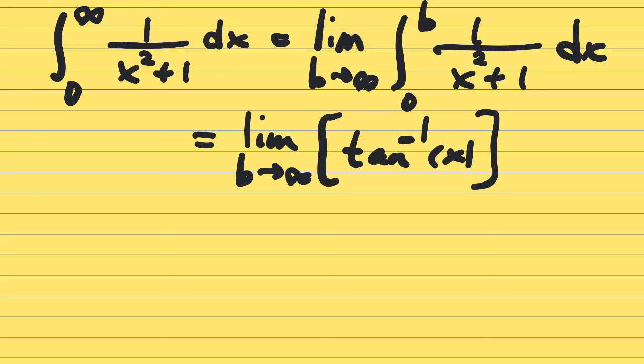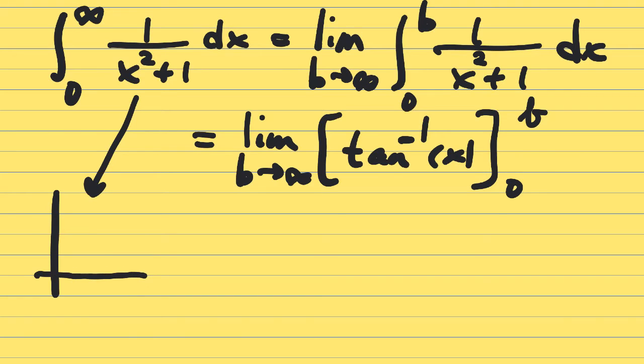And we need to evaluate at 0 and b. The original problem, if you were to graph 1 over x squared plus 1, we're investigating this part from 0 to infinity.